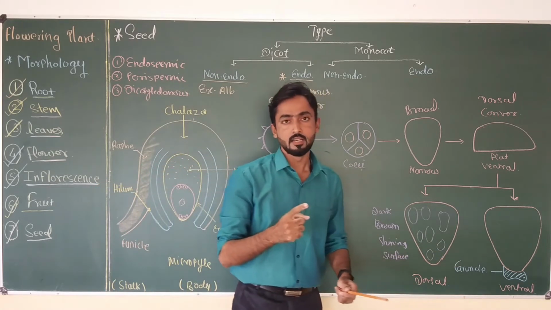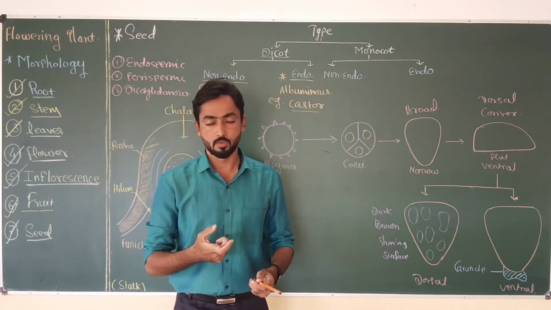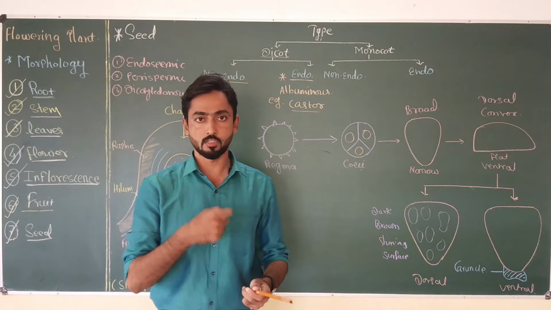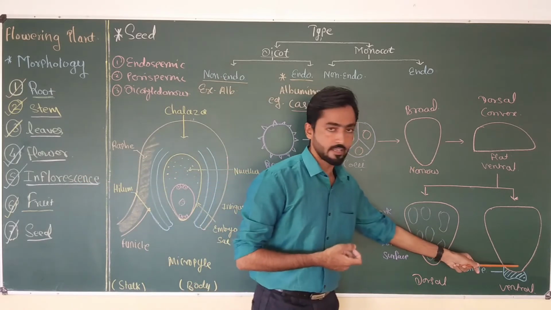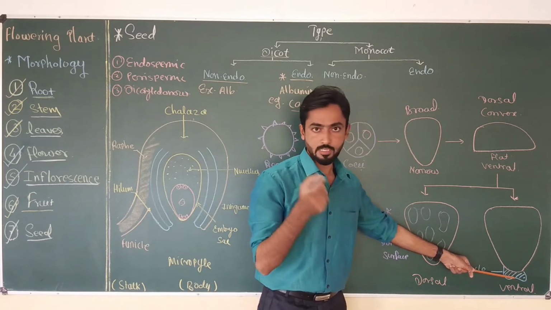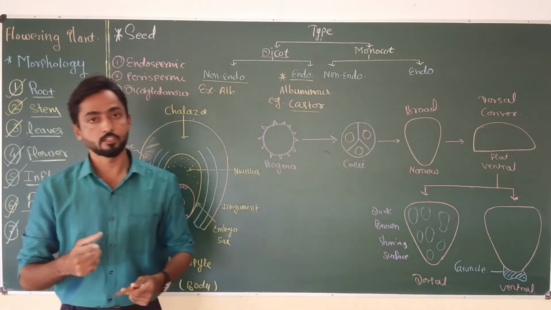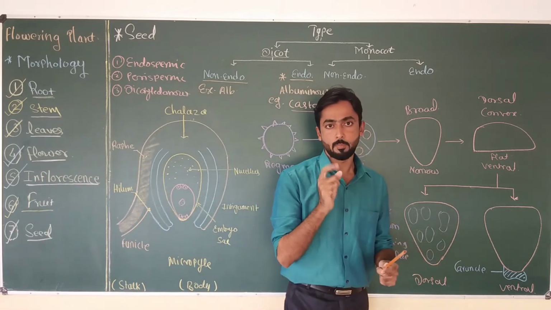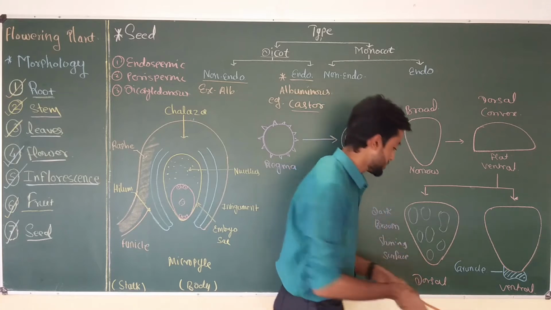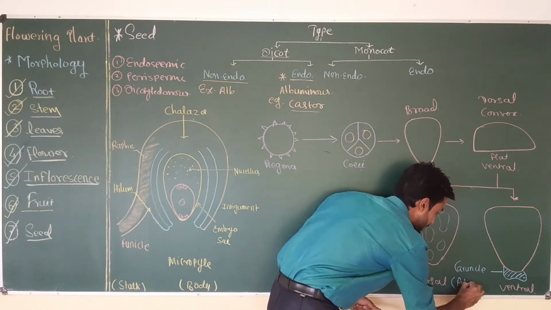Number one is it absorbs water at the time of germination of the seed. Okay, we know that the seed has to absorb water through the micropyle, and generally this narrow end is the micropylar end of the seed, and the caruncle is present at the narrow end, so it helps in absorption of water and in germination of the seed. As well, this caruncle is rich in fats and protein, so it is rich in fatty acid and protein.